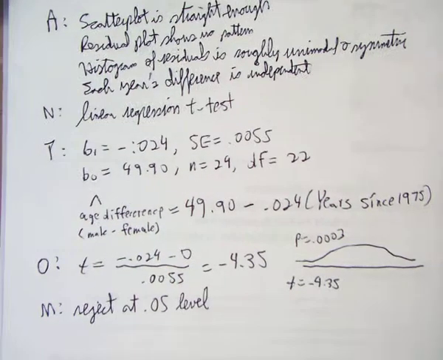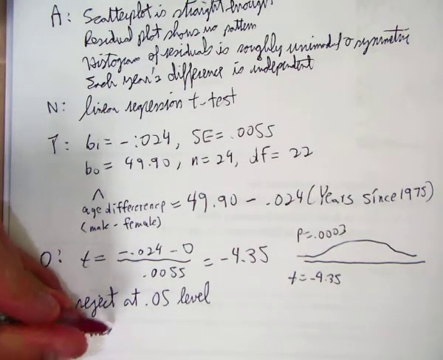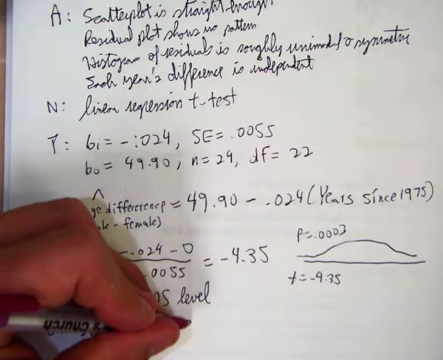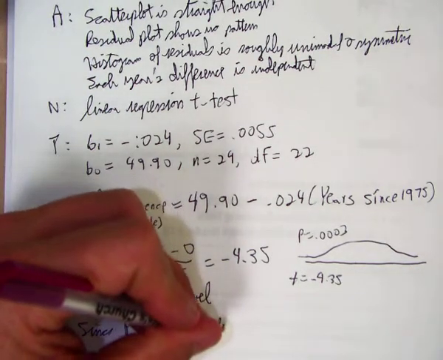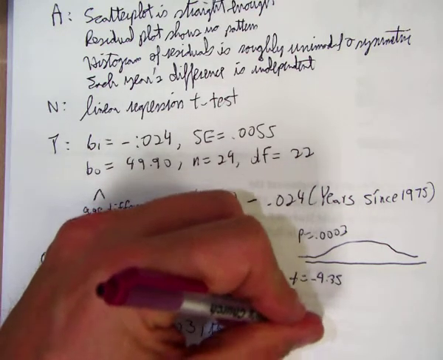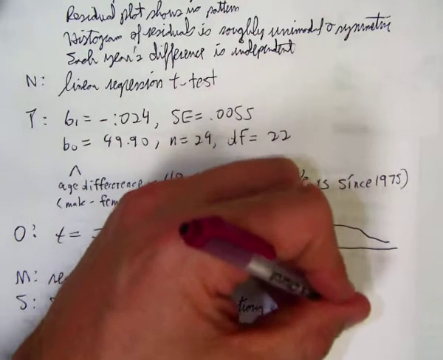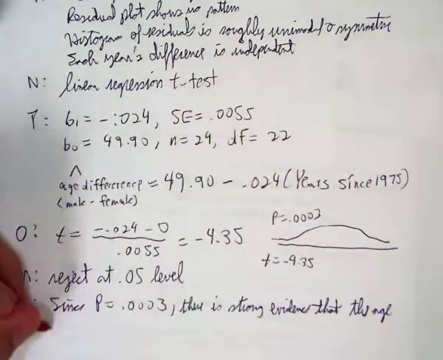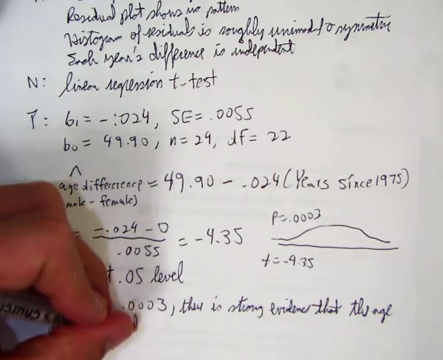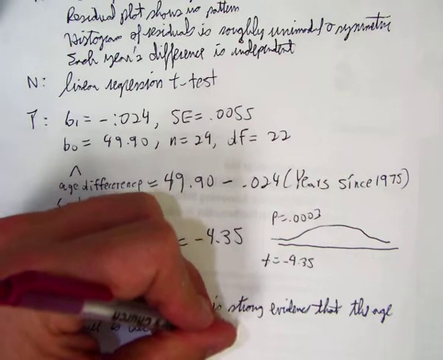And then we're going to talk about it: since big P equals 0.0003, there is strong evidence that the age difference is decreasing as time goes on.